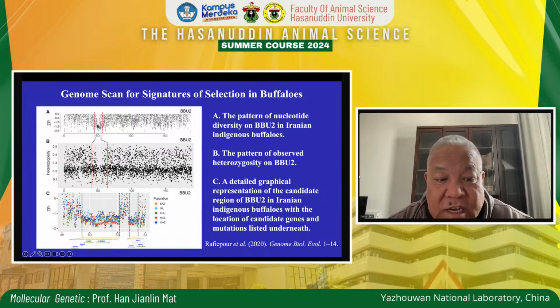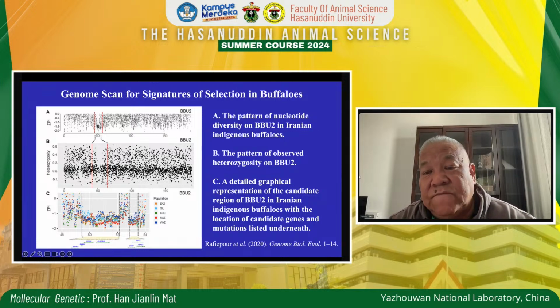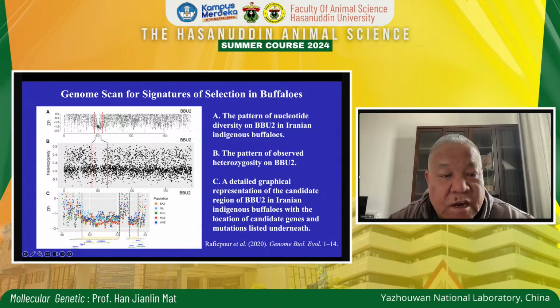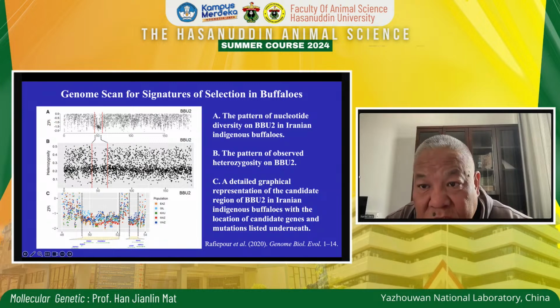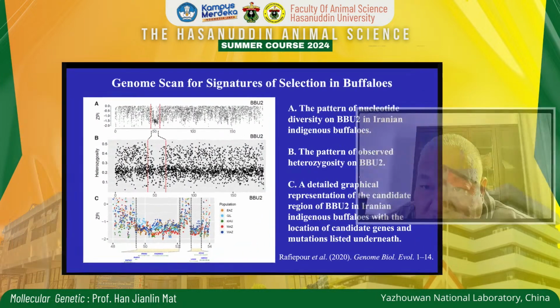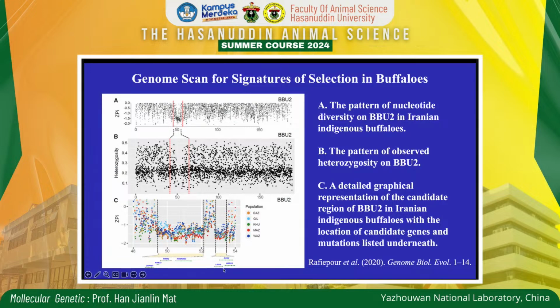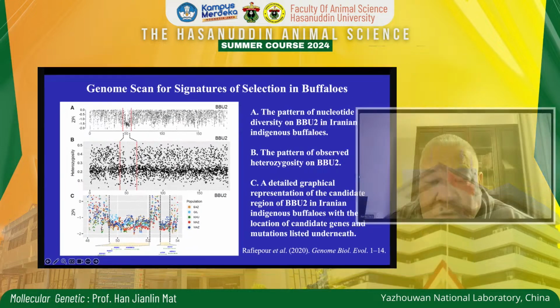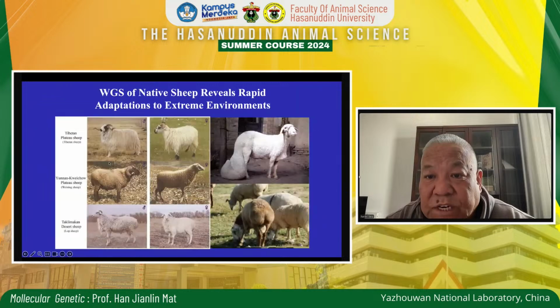Then we can examine the function of the genes, say, maybe in one population these genes are more important, under significant human selection, where the diversity of that gene is reduced. We can come up with tools, what we call molecular markers, to support the breeding program.